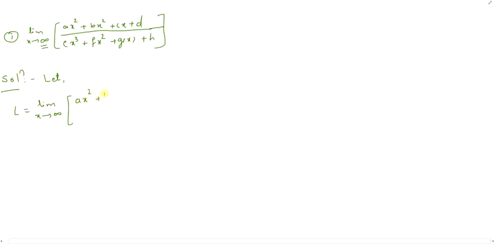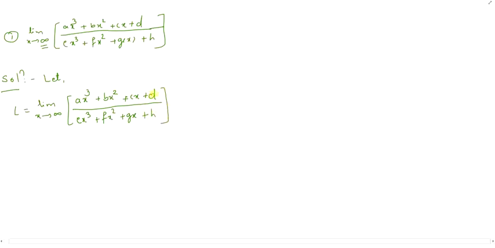ax cube plus bx square, this is a cubic polynomial because our highest power is 3, that's why it is called a cubic polynomial. Then here ex cube plus fx square plus gx, and plus h.